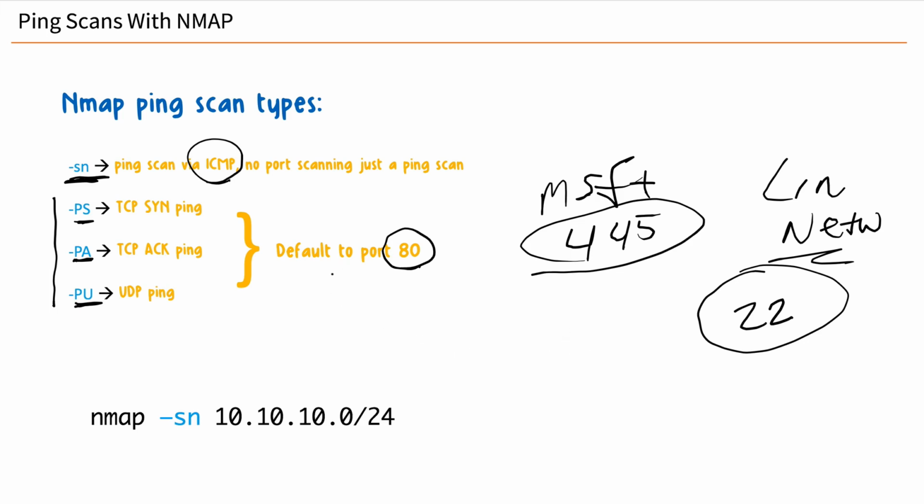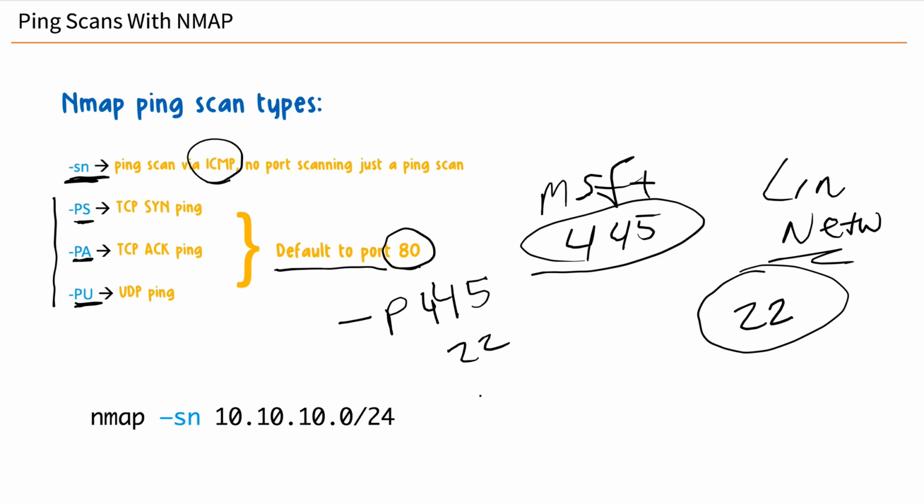So just remember, if you're trying to run one of these non-ICMP pings, it defaults to port 80, so you may want to change that with, that's right, the -P. So maybe -PS445 for our Microsoft hosts or 22 for Linux and network devices, but maybe you do want to use 80, so hey, it's up to you.